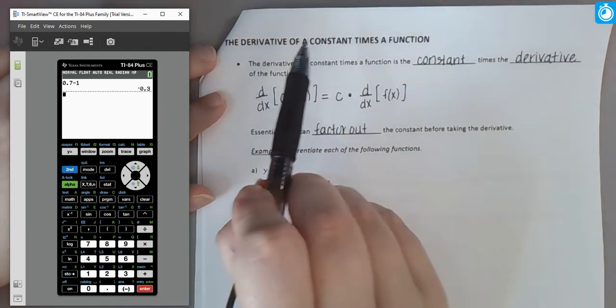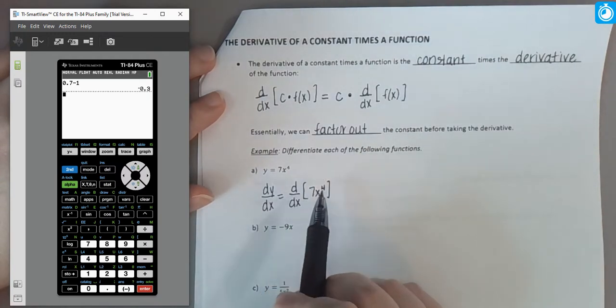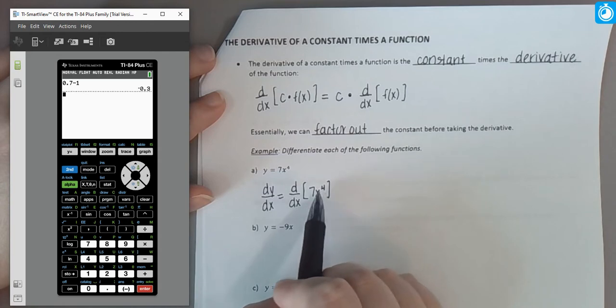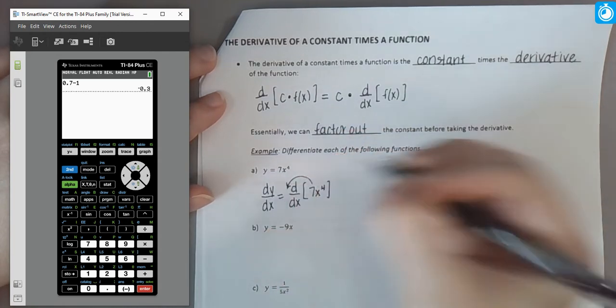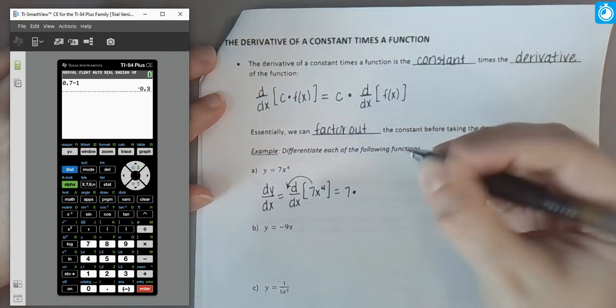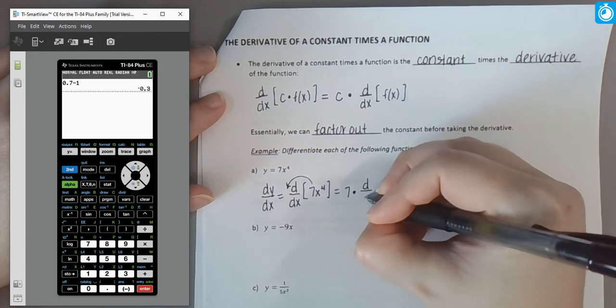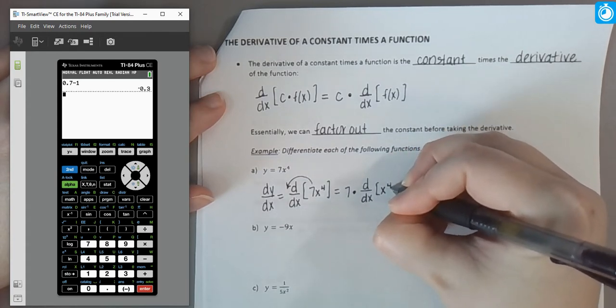Okay, but the constant times a function rule tells us if we have this constant coefficient that's multiplied by this additional algebraic expression, then we can factor that out, and essentially it becomes independent of the rest of that derivative. And so we're left with the derivative with respect to x of x to the 4th power.